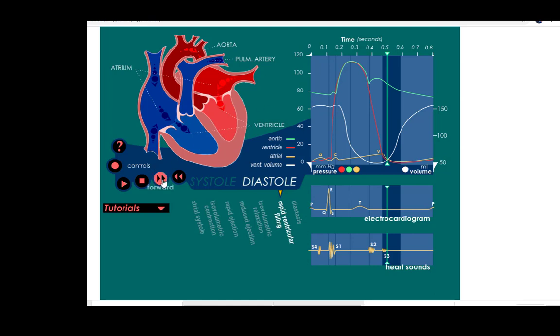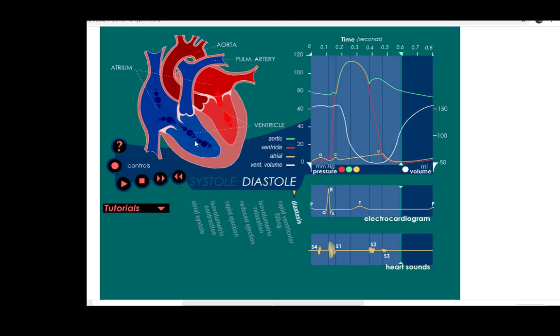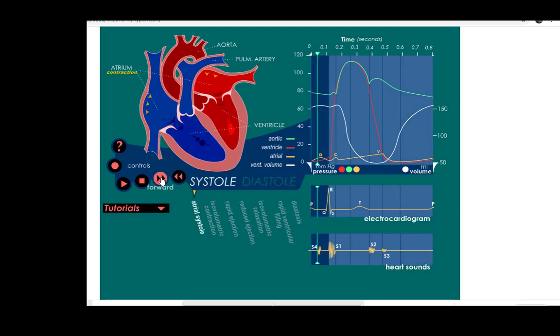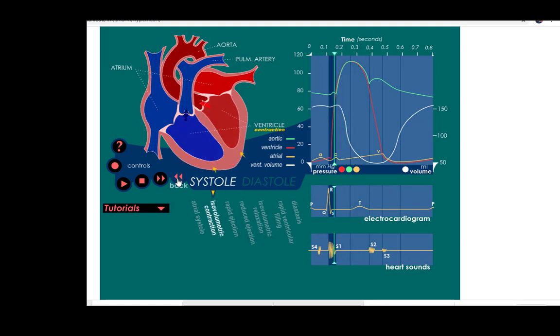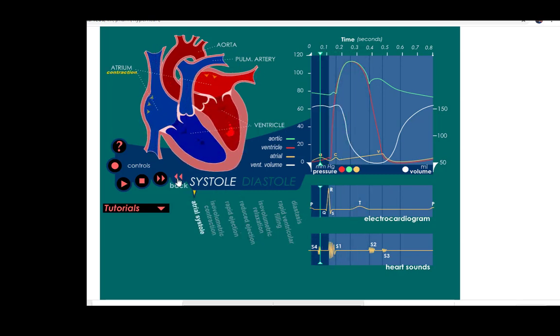So let's watch it step by step. We can see the blood cells coming in. We can see it's filling the ventricle. It continues to fill the ventricle until the atria are stimulated to contract. And if we watch that again, I'm just going to back it up here. So it continues to flow.